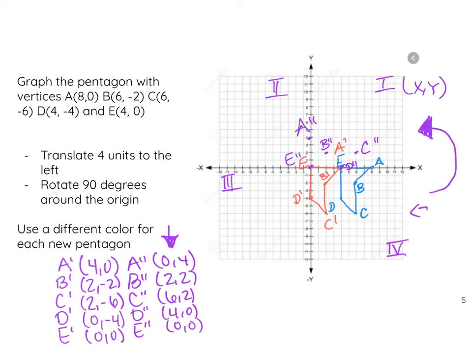So I will do my best to connect these points. A to B, B to C, C to D, D to E, and then E to A. So I have the same pentagon. It's just undergone 2 transformations, okay? So I started here with the blue, and then we translated, and finally we rotated to get our shape up here.